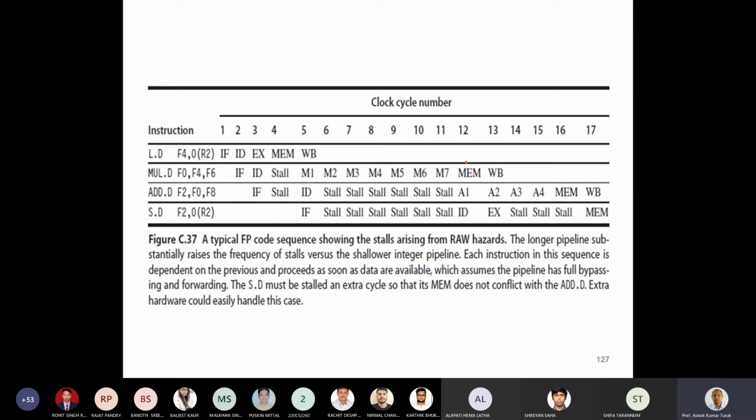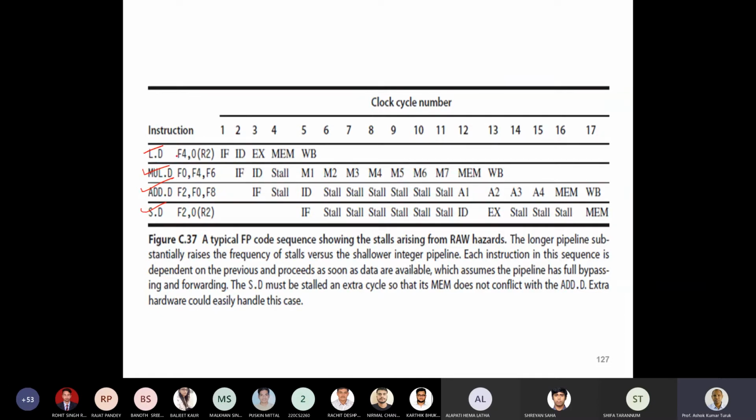Now let's look at these instructions. This is the sequence of instructions that we put in a pipeline, and how these instructions will be executed in the given pipeline. I have a load instruction, then a multiply instruction, an add instruction, and a store instruction. Let's look at how the load instruction executes.